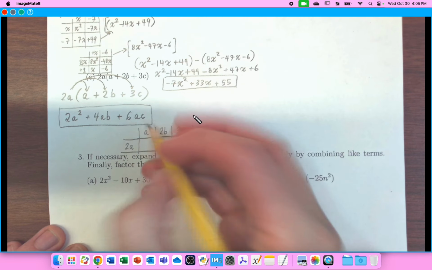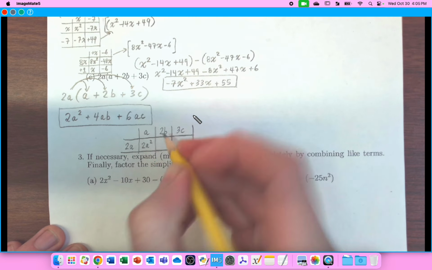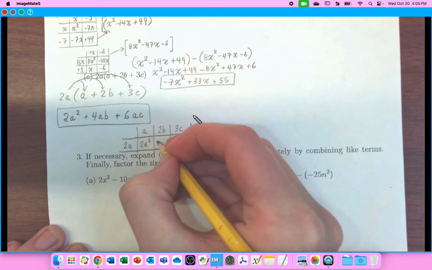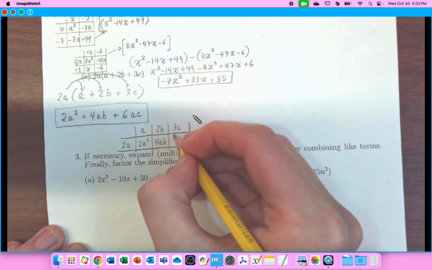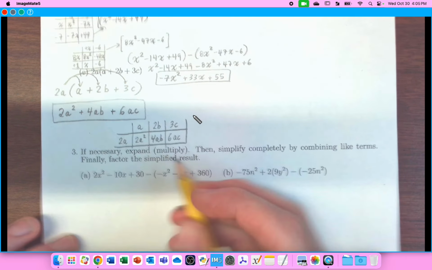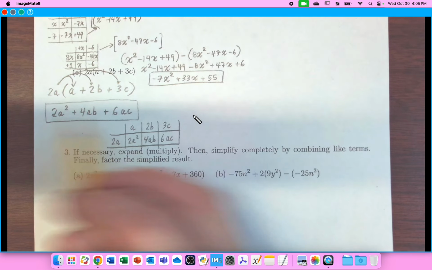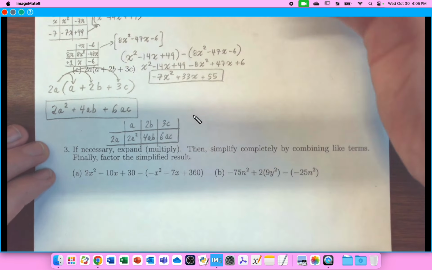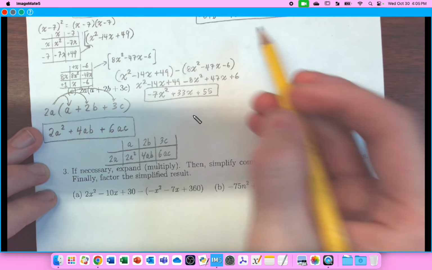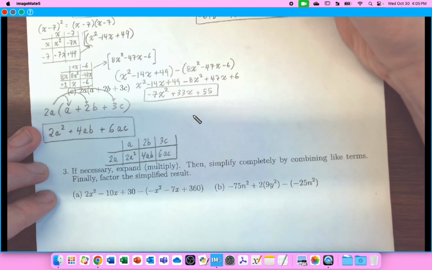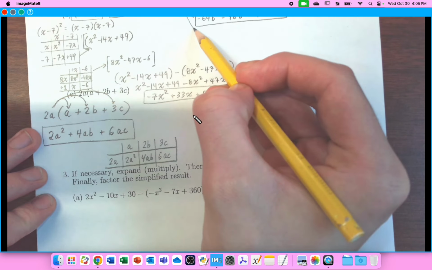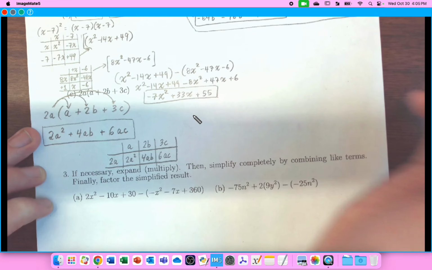Two a times a is 2a squared. 2a times 2b is 4ab. 2a times 3c is 6ac. So it works out either way. It was kind of redundant to actually show that, but that's fine. So this is getting crazy. So I'm gonna block off some sections.